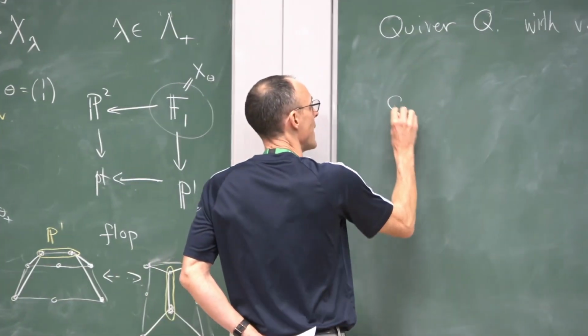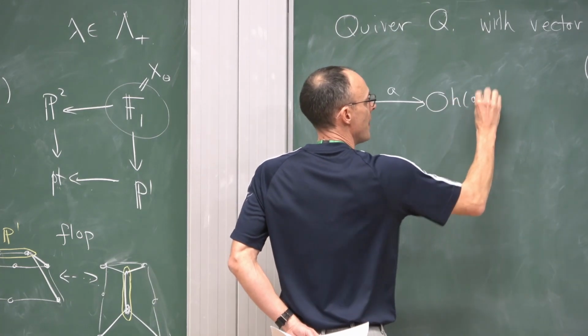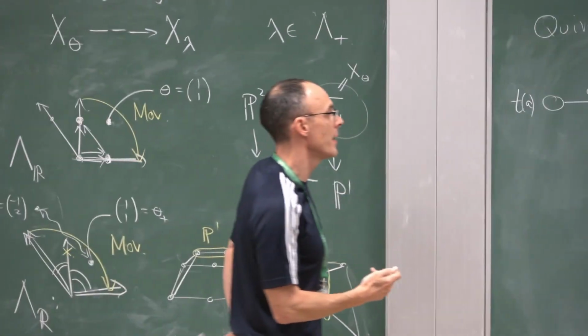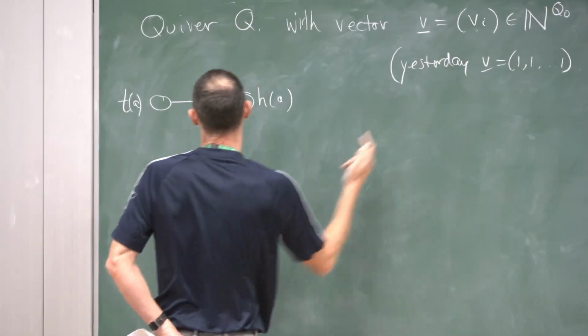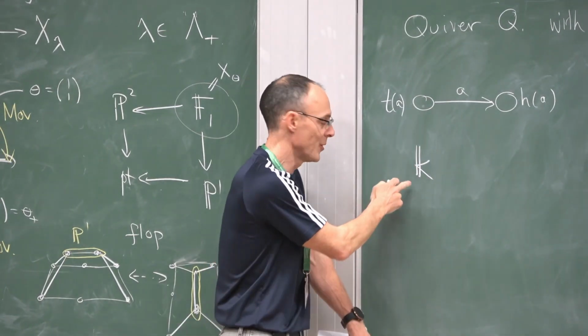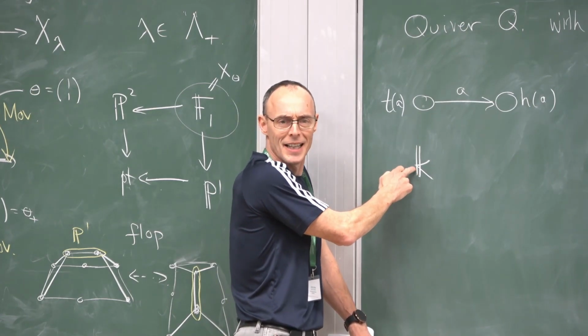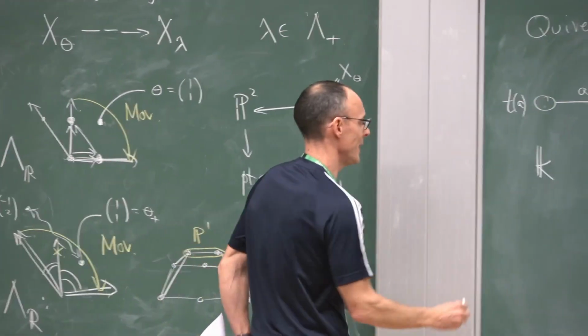So the point is that for every arrow, I've got the tail, the arrow passing to the head of the arrow, and now what I'm going to do is place a vector space of the appropriate dimension on each vertex. I should have said, one of my friends pointed out, I didn't say K was a field. I do apologize for yesterday. That's my font for a field.